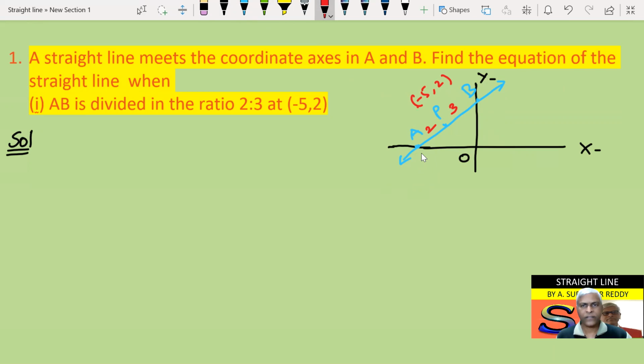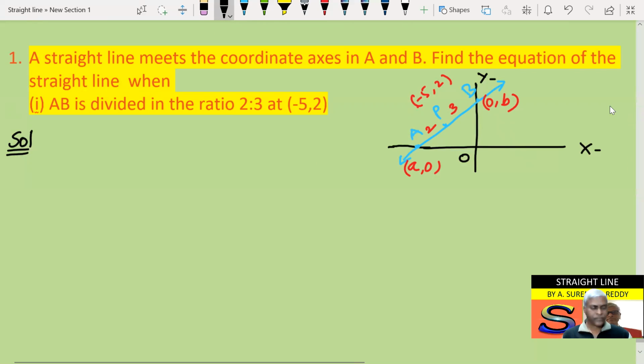Now let us take the 2 points like this. It is given that AB is divided in the ratio 2:3 at this point.